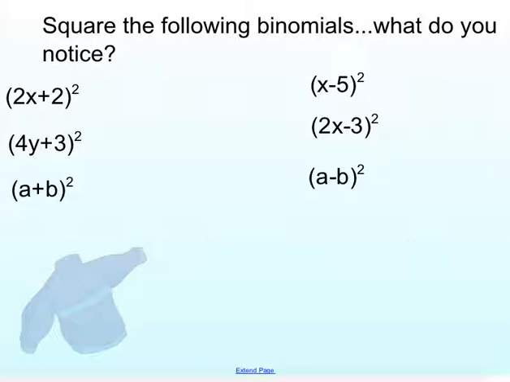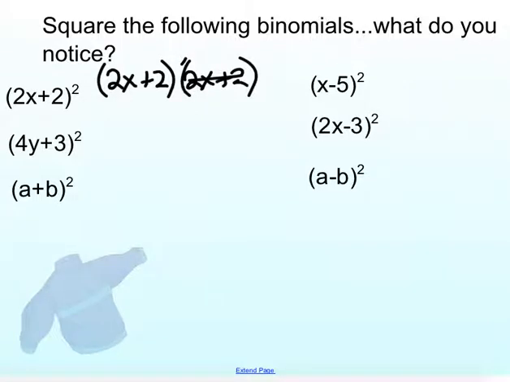Now remember, when we are taking a factor and multiplying by itself, this does not mean that we are just expanding that squared to get 4x squared plus 4. No. We actually need to do (2x + 2) times (2x + 2).